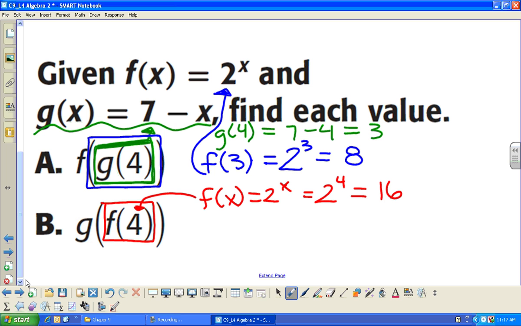Now since I know that this whole value is equal to 16, I take my g of x, which is equal to 7 minus x, and I replace x with 16. So 7 minus 16 will give me negative 9.